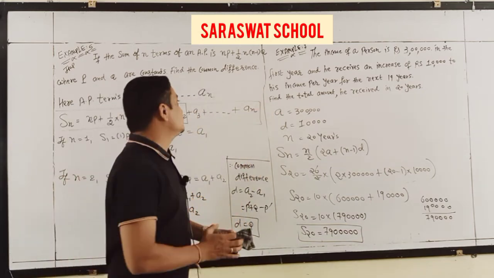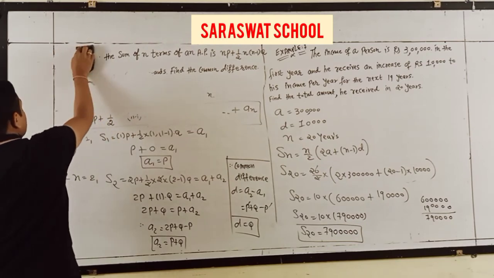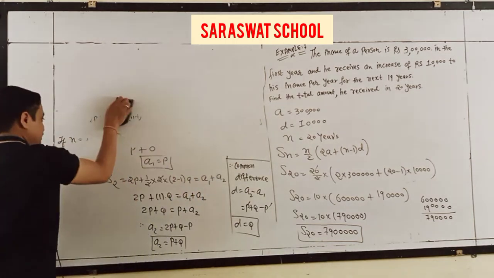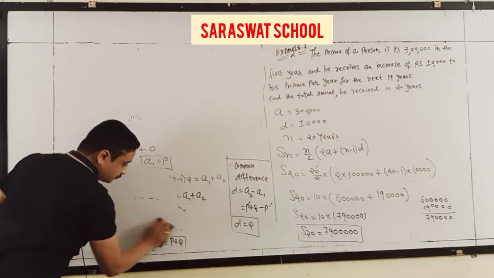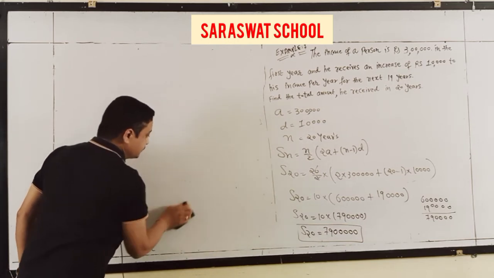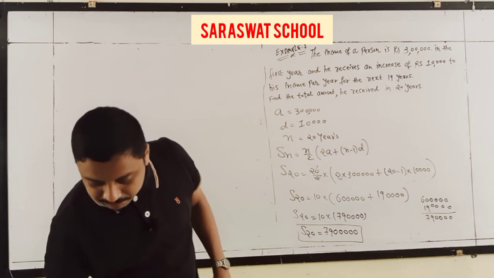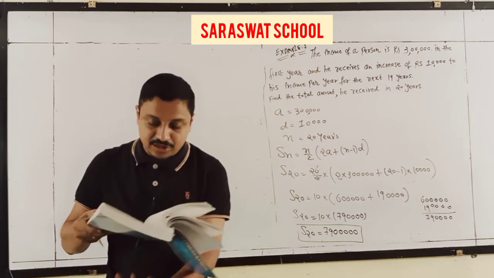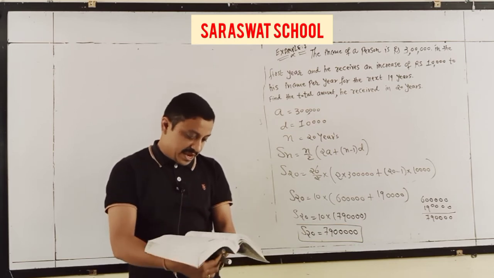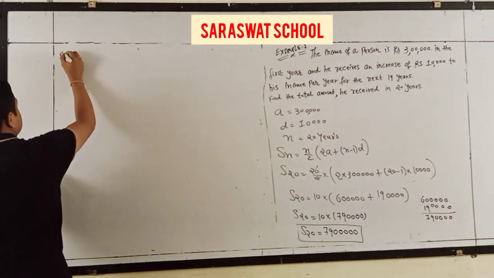Now continue, students. Example 8. It is related to arithmetic means. Very easy, students. Example 8: Find 6 arithmetic means between the numbers 3 and 24. I will write the question properly, don't worry.